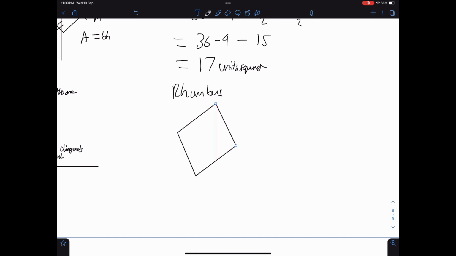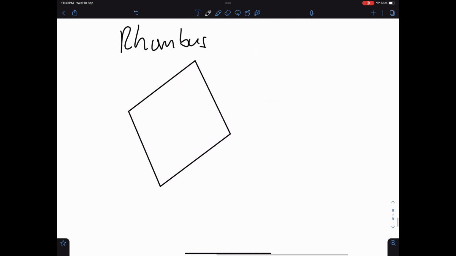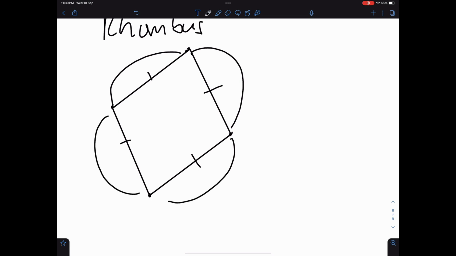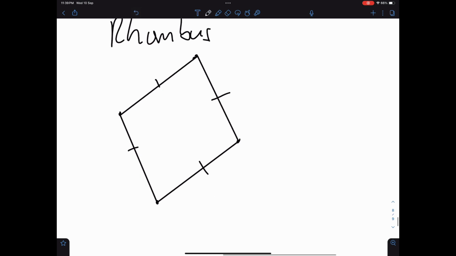Okay, that's slightly better. And so one thing that can be helpful is, yes, these are all the same side length. So the distance between each point, like here to here, and here to here, and here to here, and here to here, will all be the same. Additionally, you got the same thing again with midpoints of the diagonals will be equal.